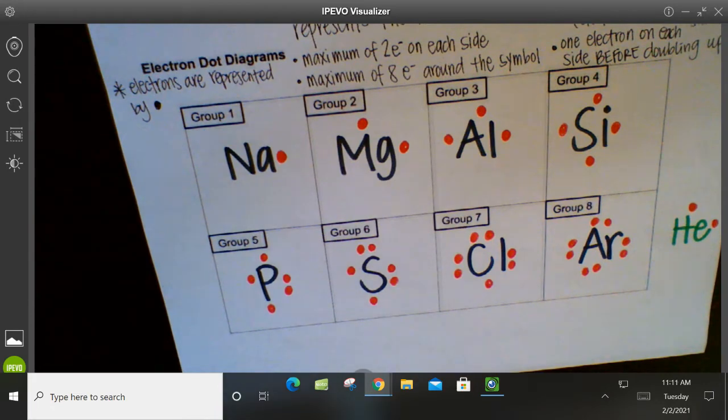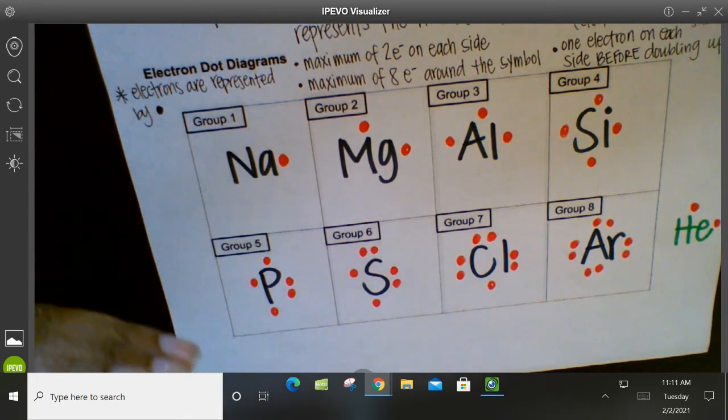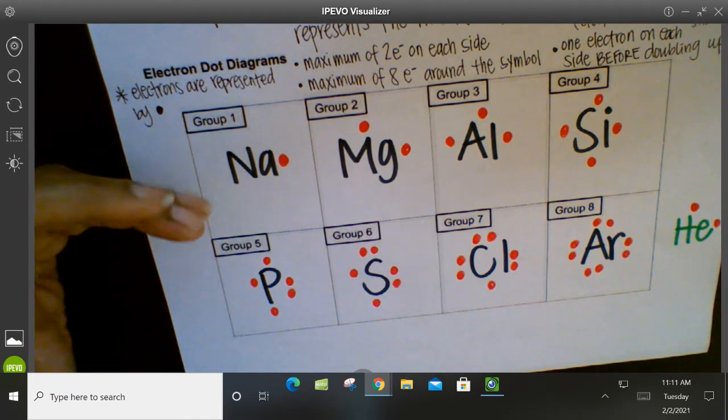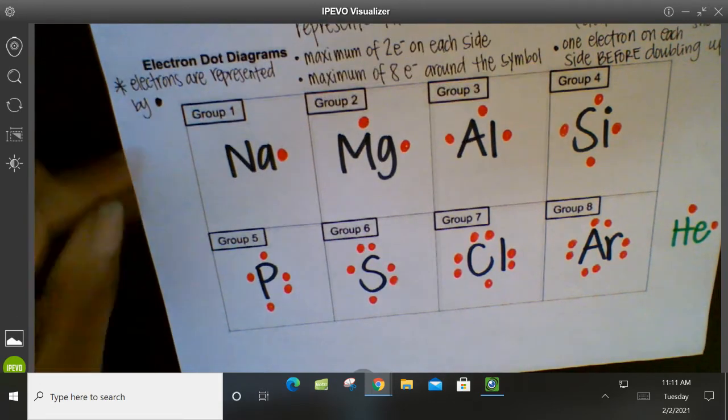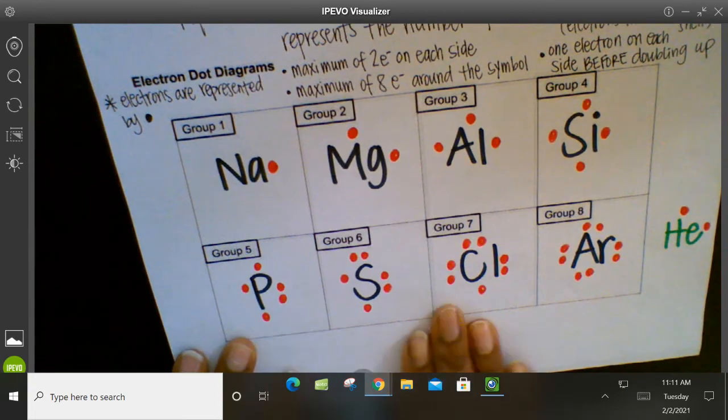Nonmetals tend to gain electrons when they form ionic bonds. So metals lose, nonmetals gain. All right, and so losing electrons, you have more positive particles than negative particles, so they have an overall positive charge. Gaining electrons, you have more negative particles than positive, so the overall charge would be negative.